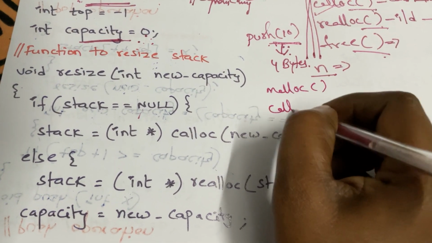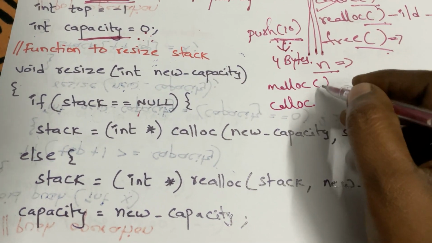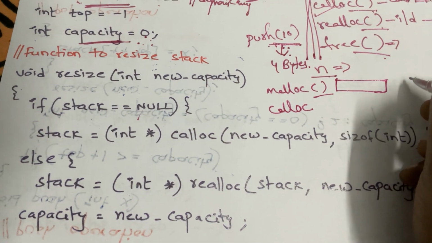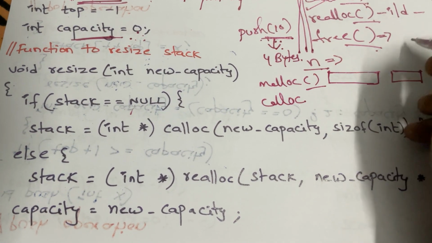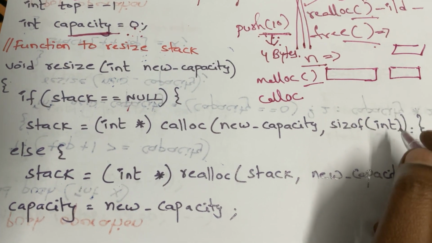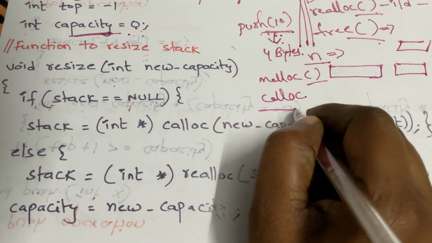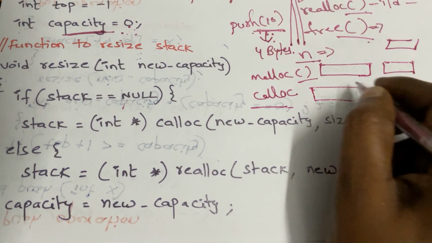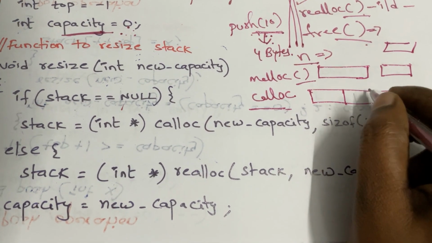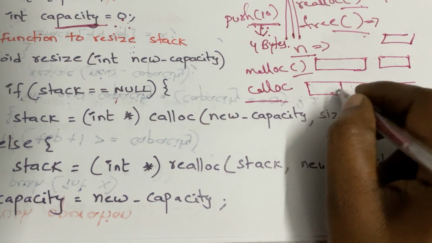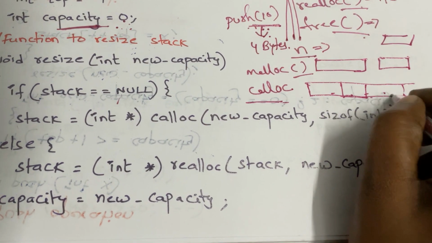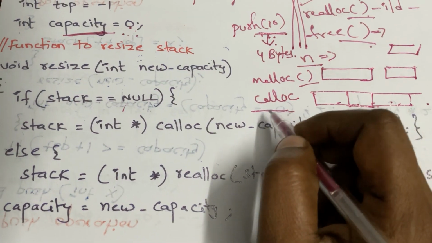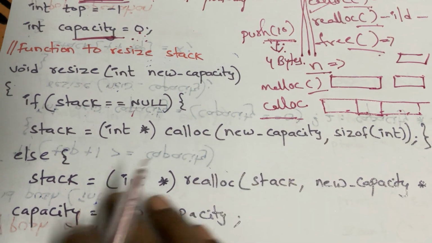But the reason to use calloc is this: malloc will just create a block of memory. That's it. However many variables you have, that many blocks you can create. But calloc gives a contiguous memory location. If one block of memory is created here, the next block will come very next to this, and the next very next to that. I need that kind of memory for a linear data structure, as I am using an array here.